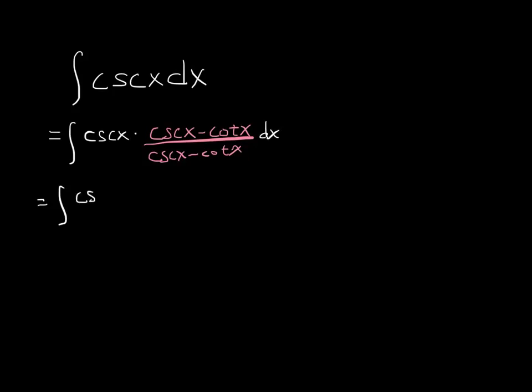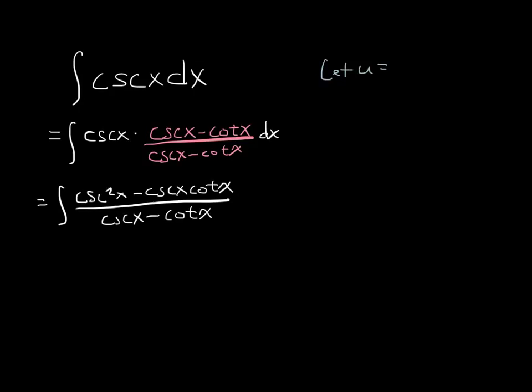Now we distribute, we get cosecant squared minus cosecant cotangent over cosecant minus cotangent. With u sub, we let u equal the denominator.